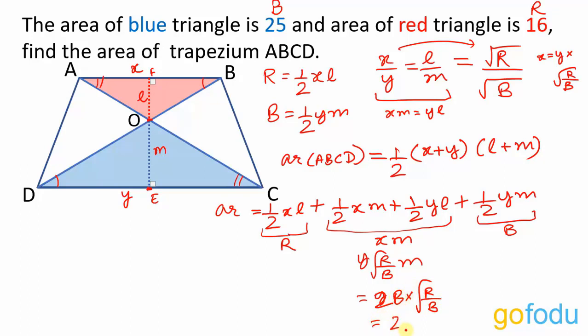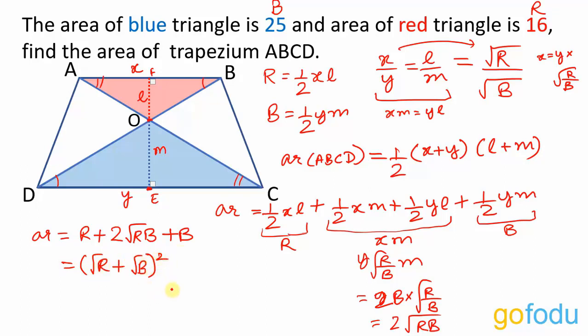So this is 2 times root of RB. This middle part we have solved and got 2 times root of RB. So the area of trapezium comes out to be R plus 2 times root of RB plus B, which is nothing but root R plus root B whole square.